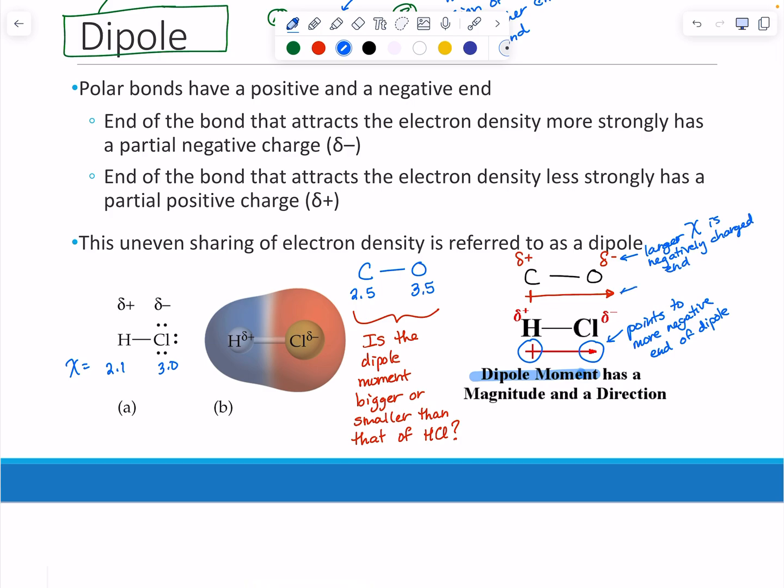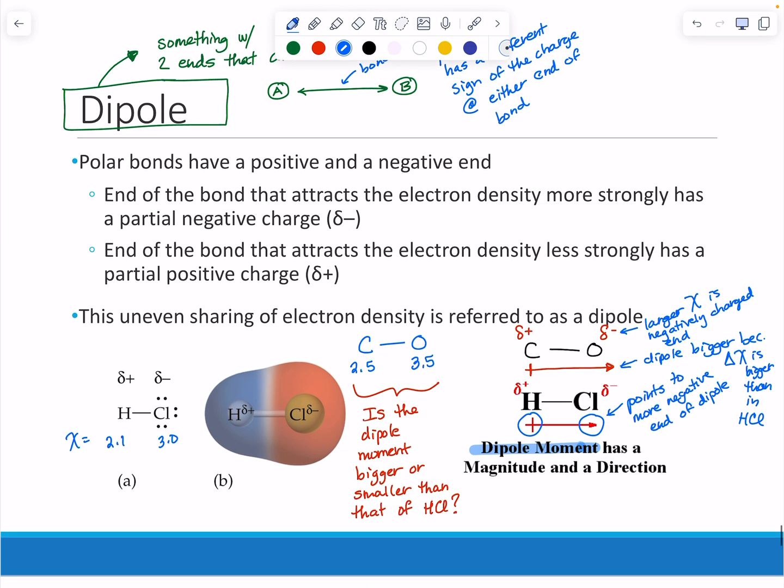Dipole bigger because the difference in electronegativities is bigger than in HCl. All right, so again, our arrow is going to be proportional to the size of the charges, the difference in electronegativity.